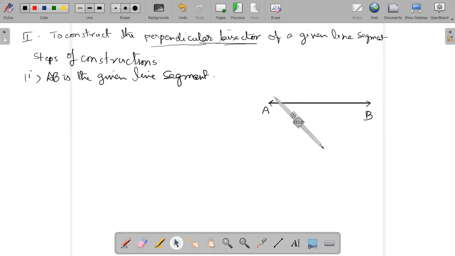So keep the compass at point A, with a radius more than half. We have to make the arc on both sides, above and below also.